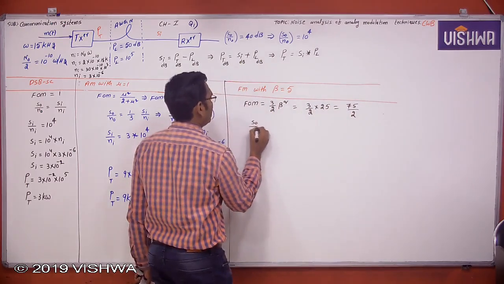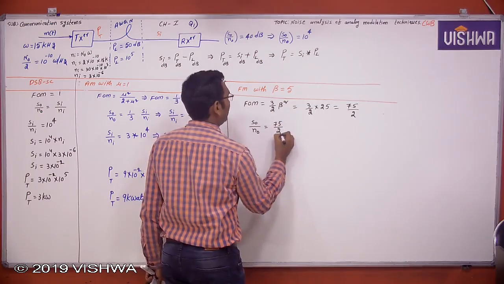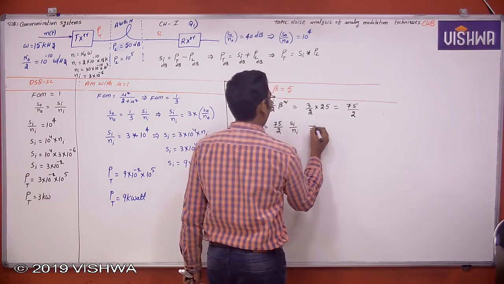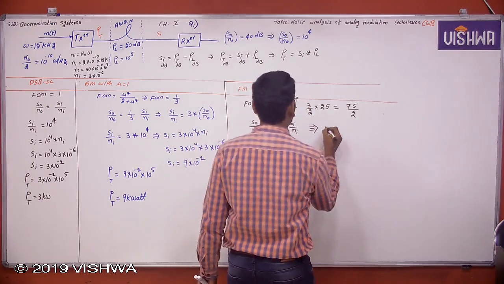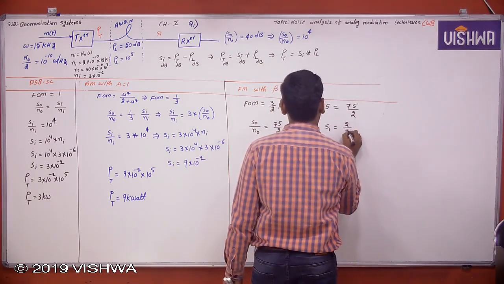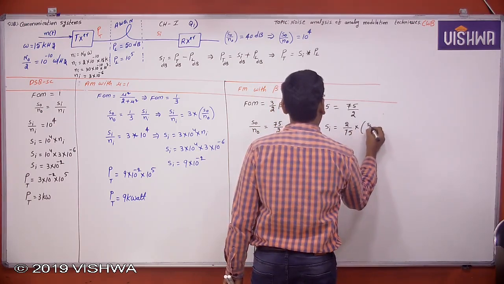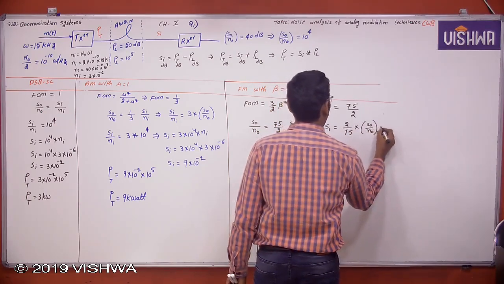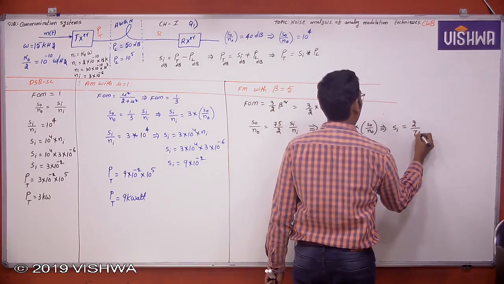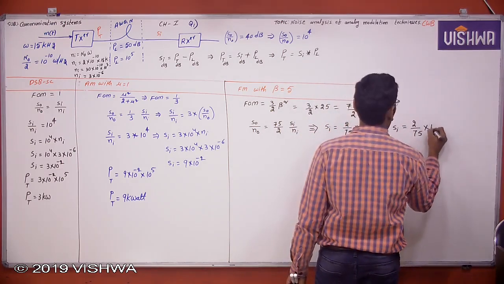So signal to noise ratio at the output is 75 by 2 into signal to noise ratio at the input. Now SI by NI is equal to 2 by 75 into S0 by N0, which is 10 power 4.